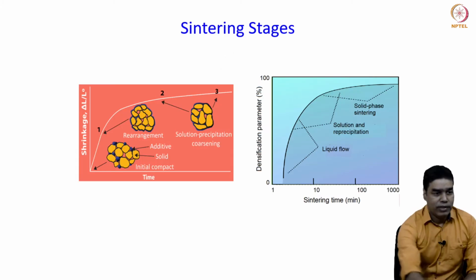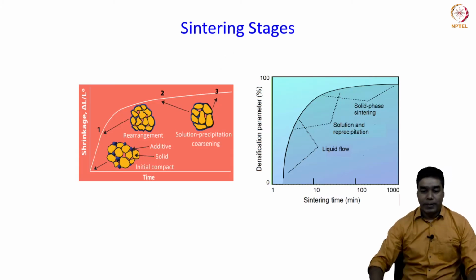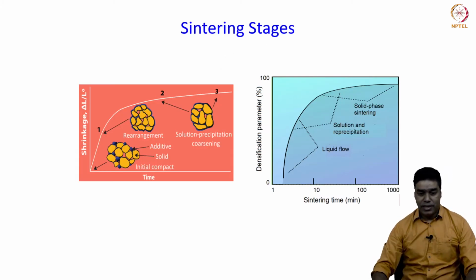So once the liquid forms and the particle surface is wetted by the liquid, a capillary force is developed, and due to that the particles rearrange themselves. So this is what we have seen in the previous class, right? That's the first or initial stage of densification in the liquid phase sintering process, right?